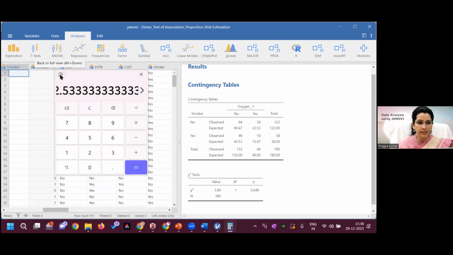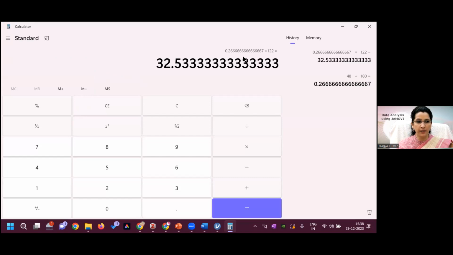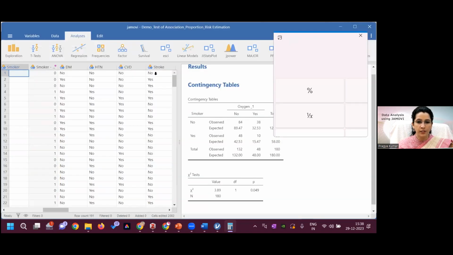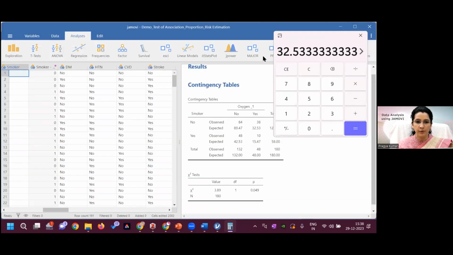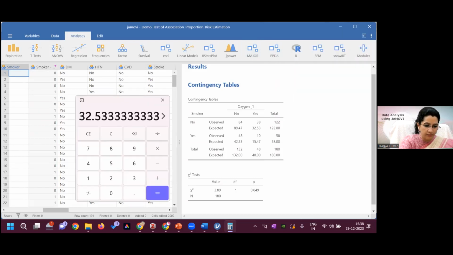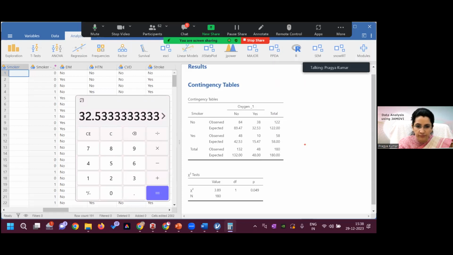So you can see that this is 32.53. So 32.53 is the expected proportion, which you can see here. 32.53.